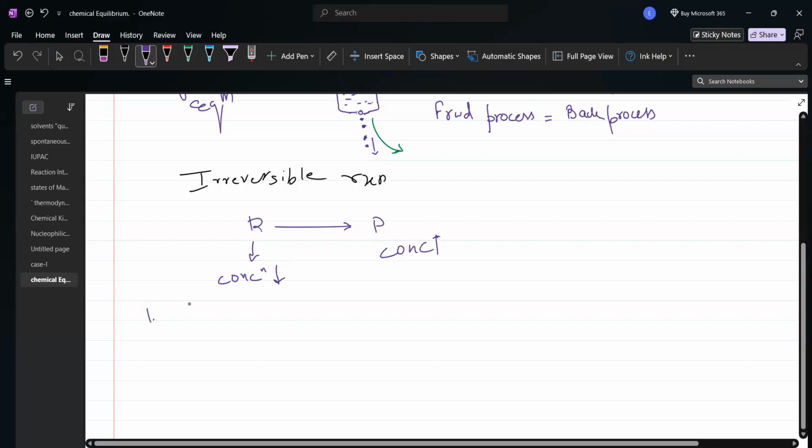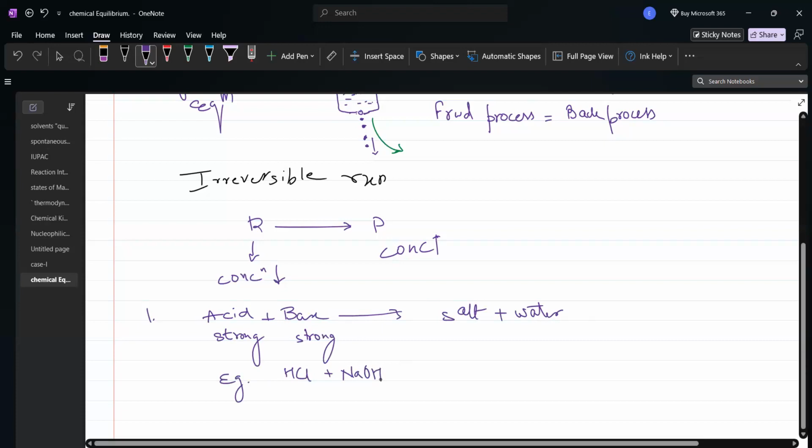With time. So let's see with some examples. Like for example, the reaction between acid plus base. Okay, it will give salt plus water, right? I hope you all know this. So if they are a strong acid and a strong base, this will result in salt and water. For example, HCl plus NaOH.